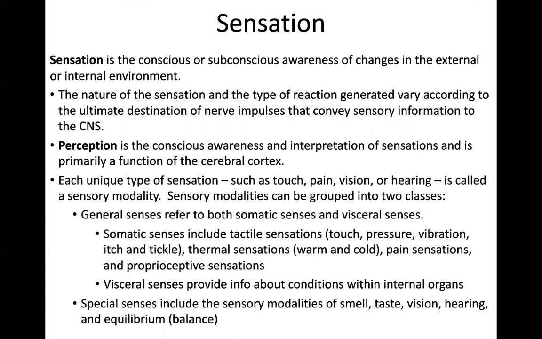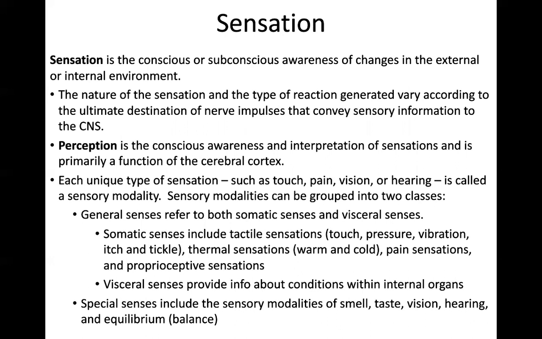Okay. The nature of the sensation, the type of reaction generated vary according to the ultimate destination of nerve impulses conveying sensory information to the central nervous system. What that sentence really means is that these different sensations are going to end up traveling to our central nervous system, and where they end up going determines whether they are going to allow us to have perception or not.